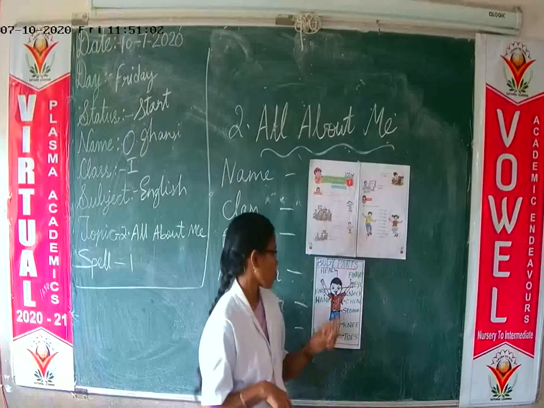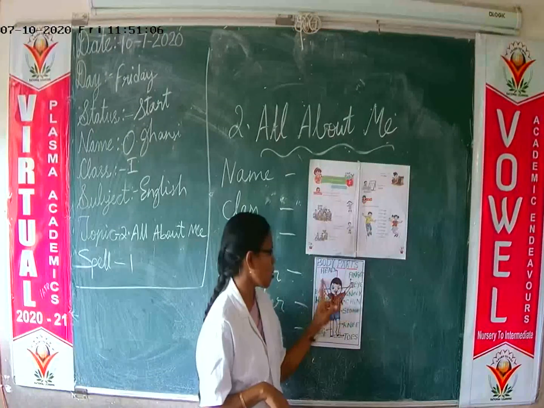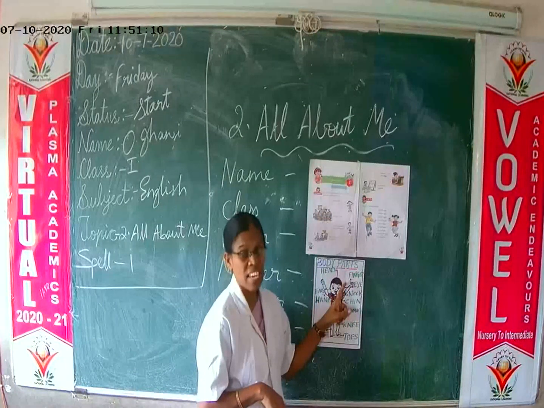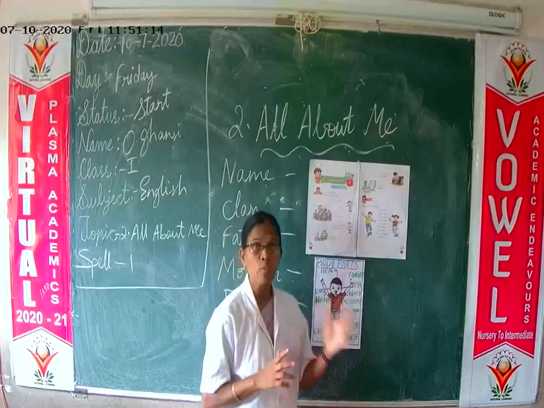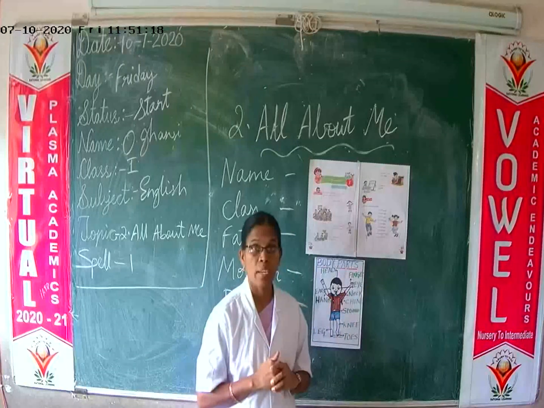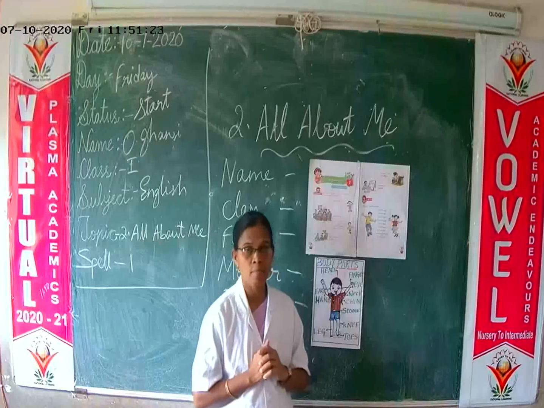Yes? Then how many fingers are we having? How many fingers do we have? 10. Now you listen. Where do we have the fingers? On the hands. Yes?